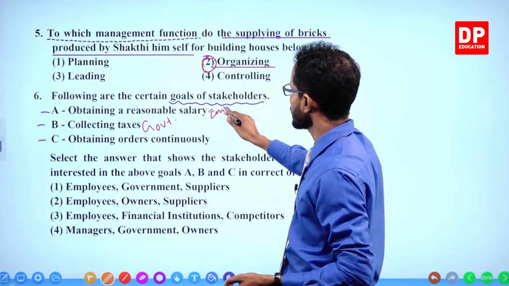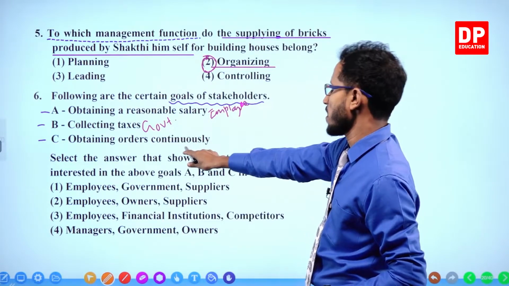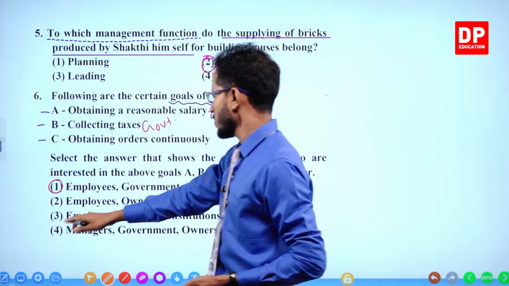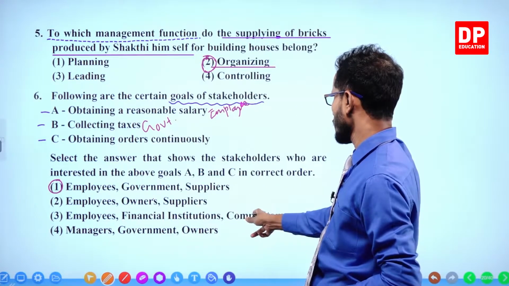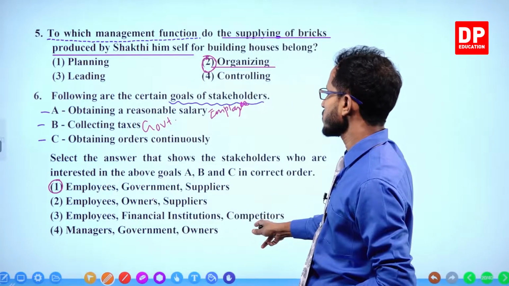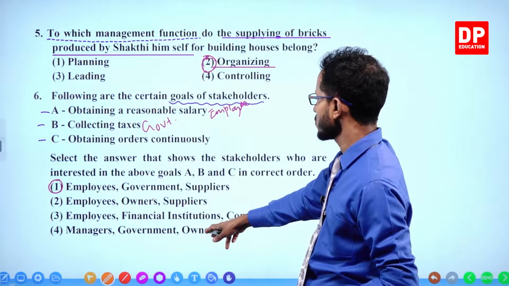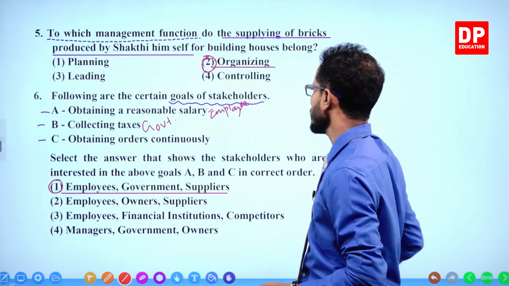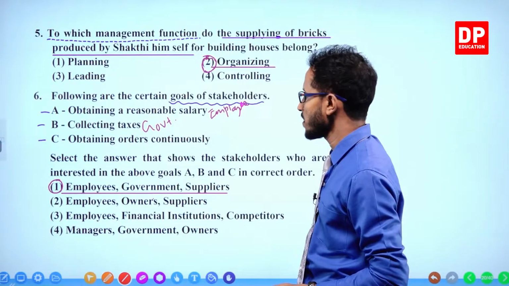So employees, government, suppliers. Employees, owners, suppliers? No. Employees, financial institutions, suppliers? No. Managers, government, owners? No. Answer is employees, government, and suppliers. That's right.